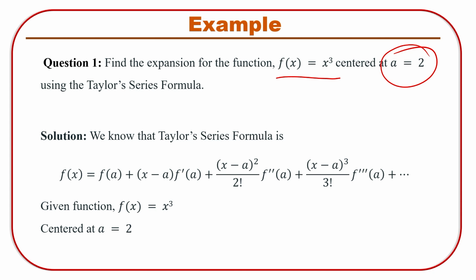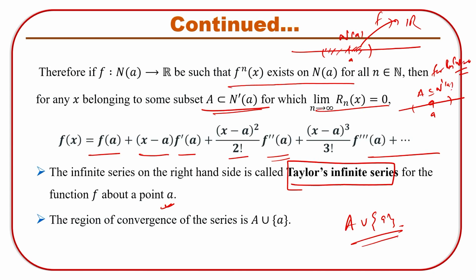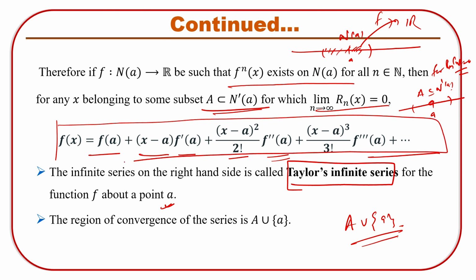So, you have to firstly remember that in the last lecture we had f(x) about a point a is nothing but f(a) plus the distance between x and a, that is (x minus a) f'(a), plus (x minus a) squared over 2 factorial f''(a), and so on.